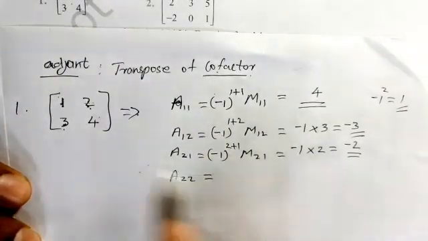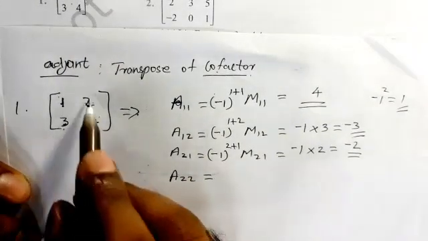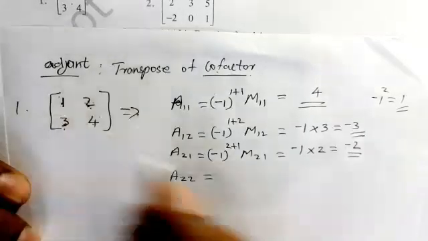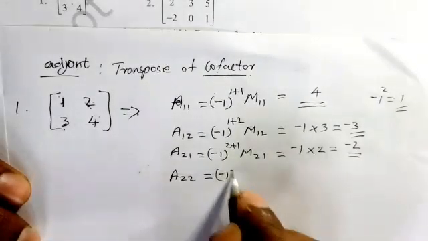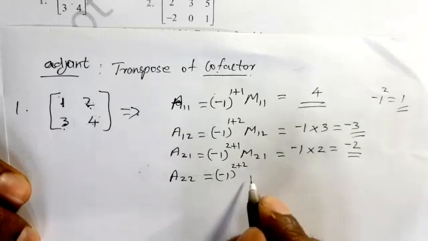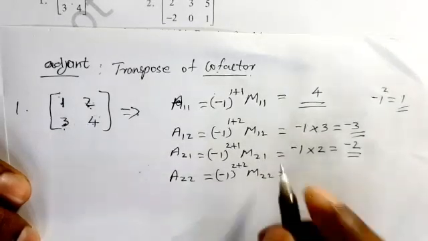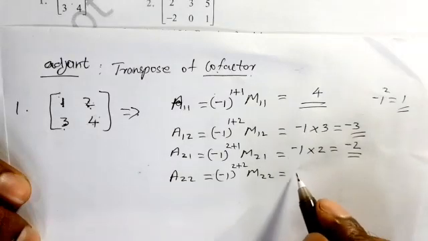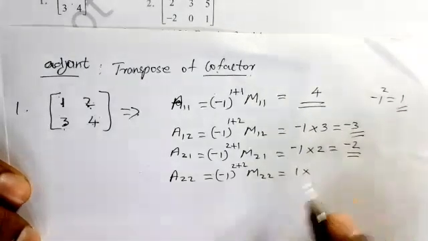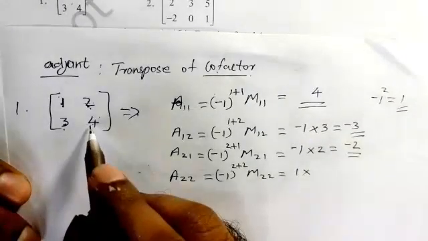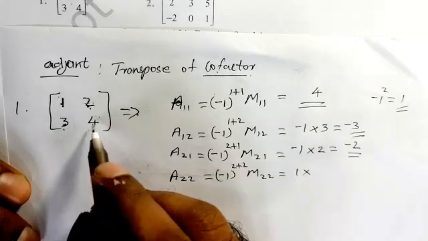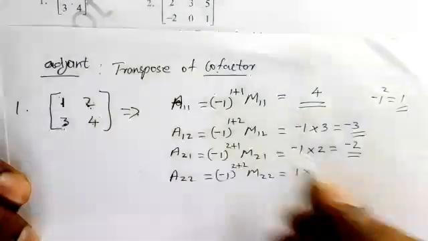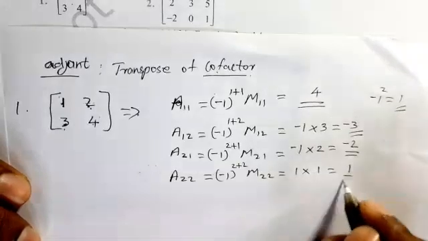A22 is equal to this element. Deleting its row and column, we get this one. So here minus 1 raised to 2 plus 2 into M22. M means minor. So minus 1 raised to 4 is 1, into M22. M22 means this position. Deleting this column and row, 1 is the answer. 1 into 1 is equal to 1.